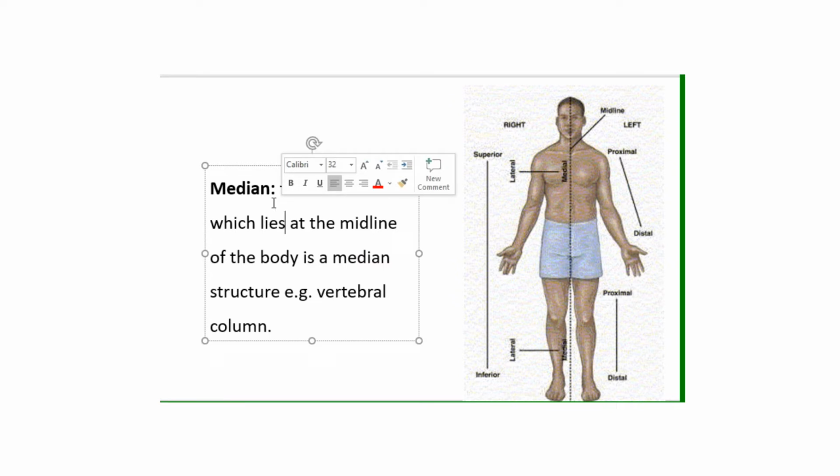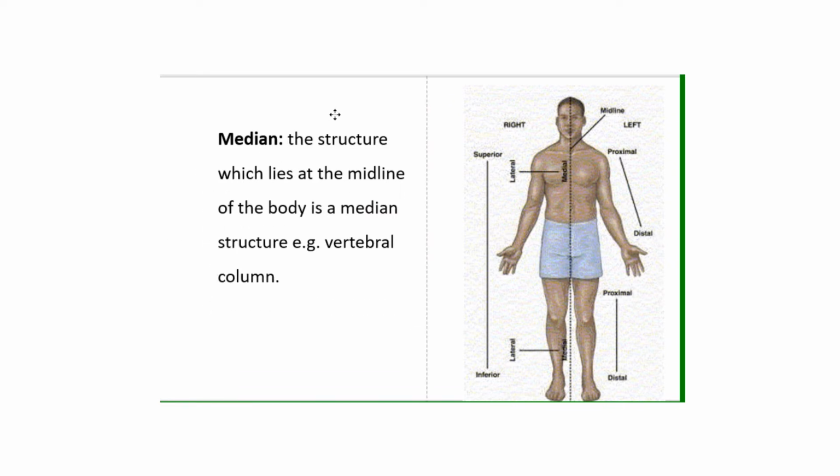Firstly, the median is a term used to describe a structure present in the midline of the body, in the median plane of the body, either anterior, to be called anterior median plane, or posterior, to be called posterior median plane.